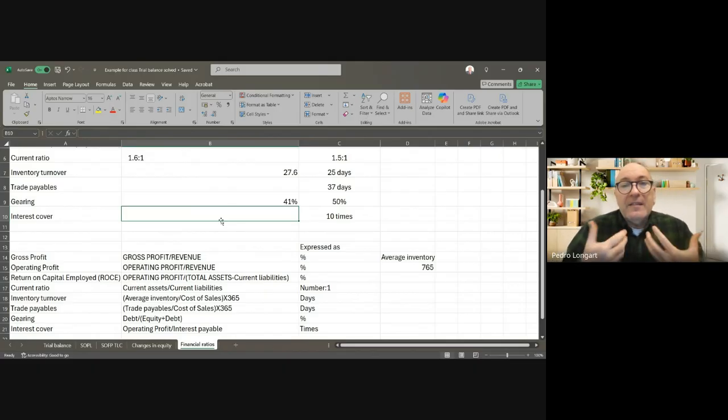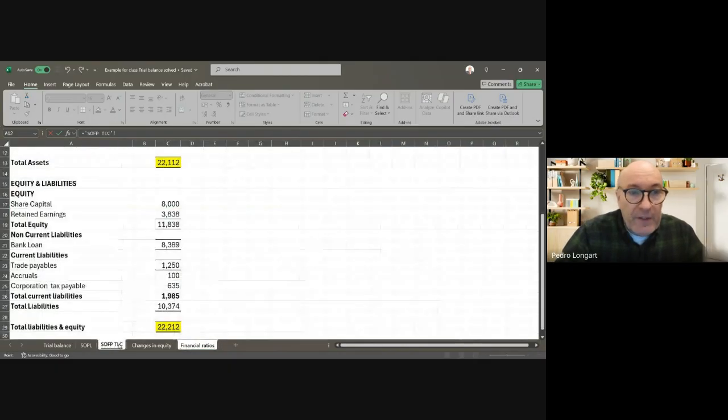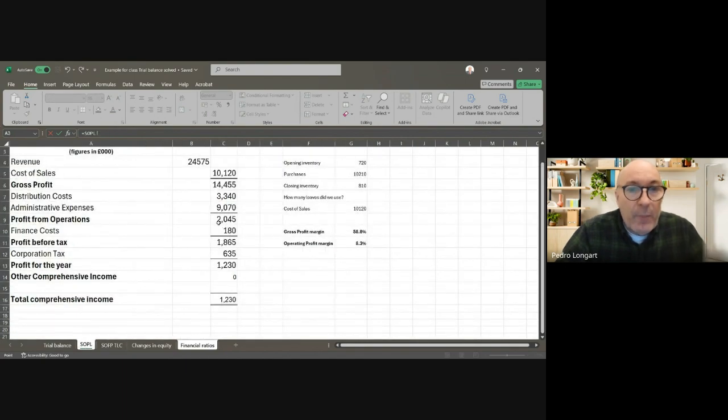So it's actually said how many times my profit can cover my interest, because that is done on a yearly basis. So my operating profit, which I have here from my operations, is 2045, and my finance costs are 180.